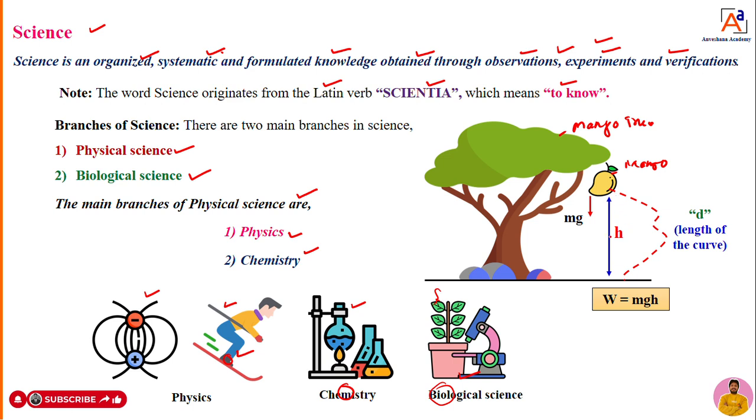Once the experiment is repeated, you are going to verify with some other references. Then finally we are going to determine the reason behind the mango which is falling down. So that is what we learn with science, we are going to know the reason behind the things which are happening in nature.